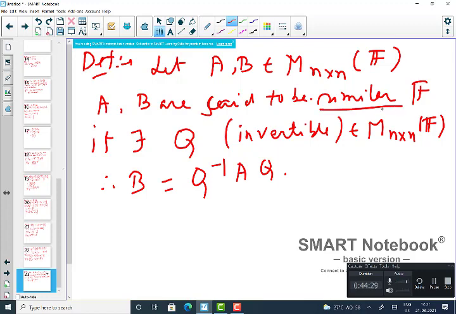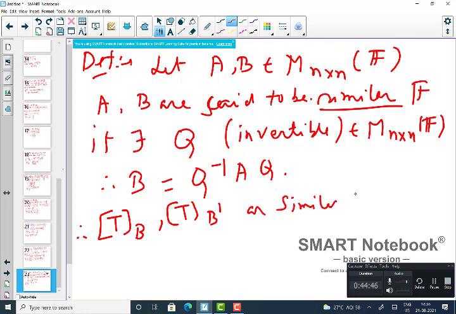Okay, and note that the matrices we got with respect to bases, they are similar. So these and these are similar matrices. Now again, you can also see that similar matrices define an equivalence relation on M_n, the n cross n matrices. It's obvious because any matrix is similar to itself. You choose Q equal to I, the identity, and that is enough, right?